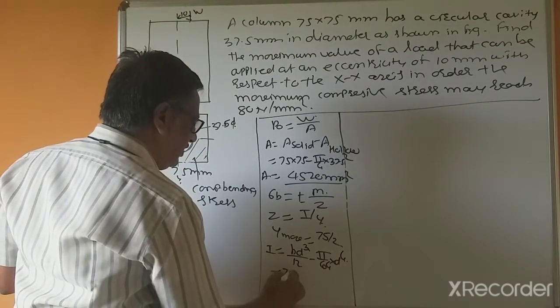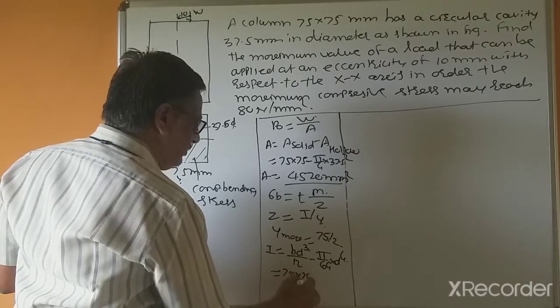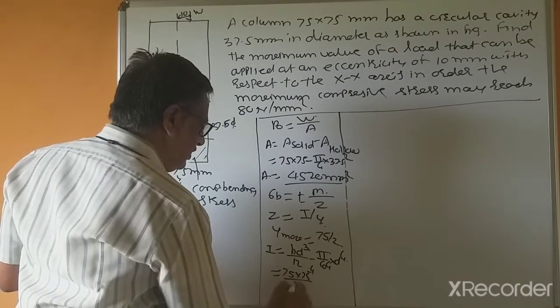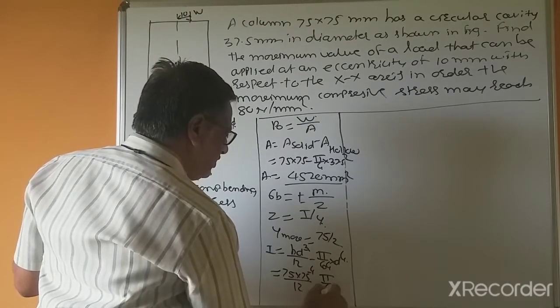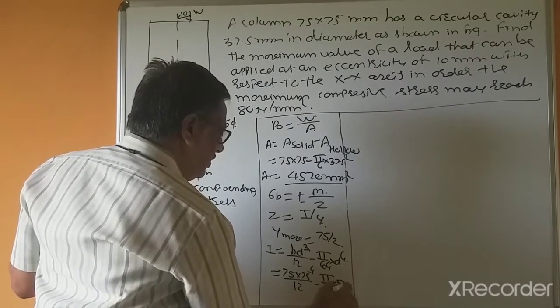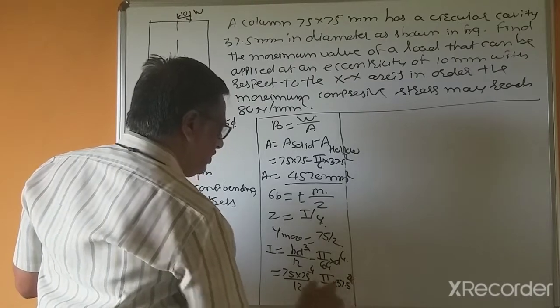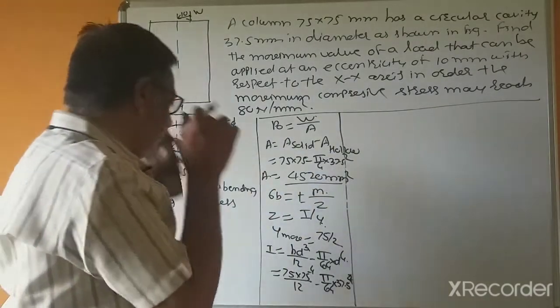So 75 multiplied by 75 cubed divided by 12 minus pi by 64 into 37.5 raised to 4.